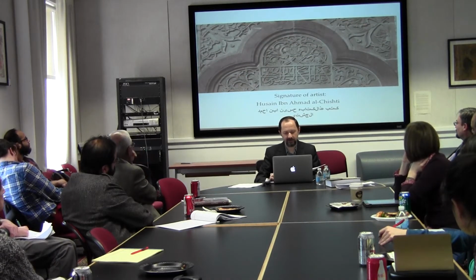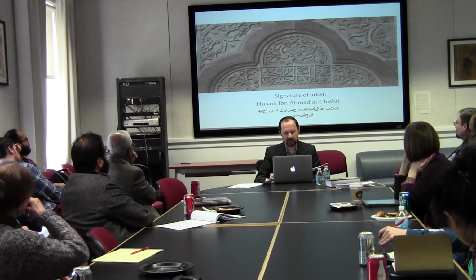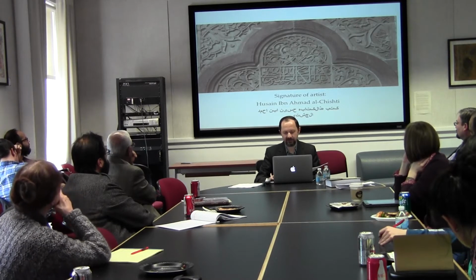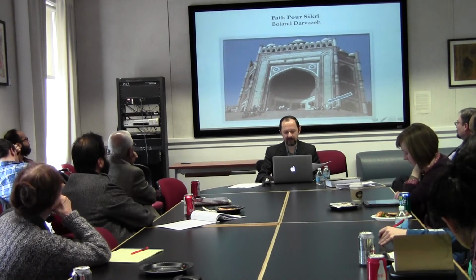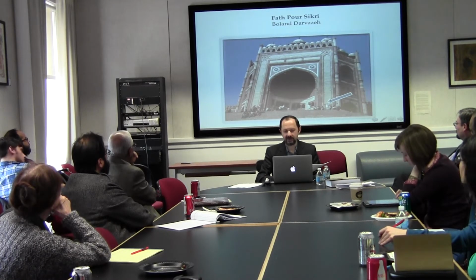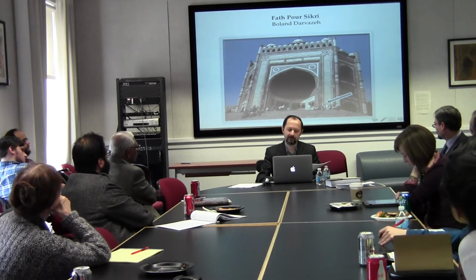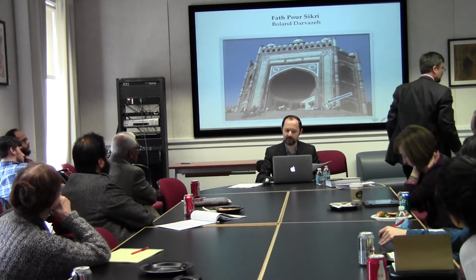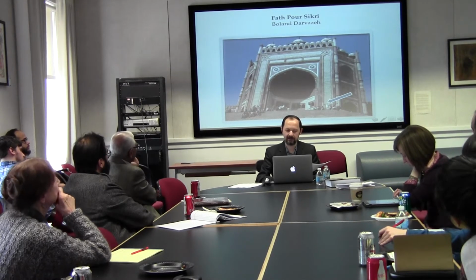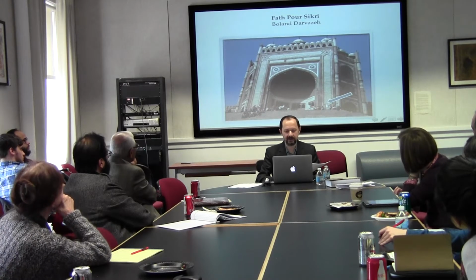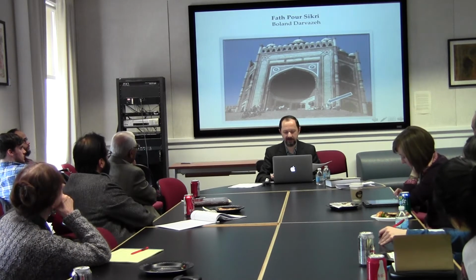This is the signature of the calligrapher Hussein ibn Ahmad al-Chishti, here at the end of this part. Of course, it's the part of the beginning of the inscription. It must be there, but in this inscription, it's here.